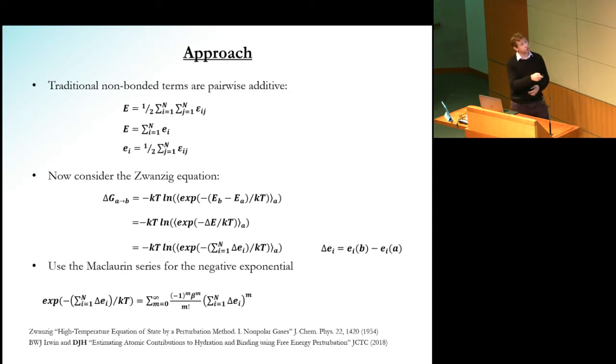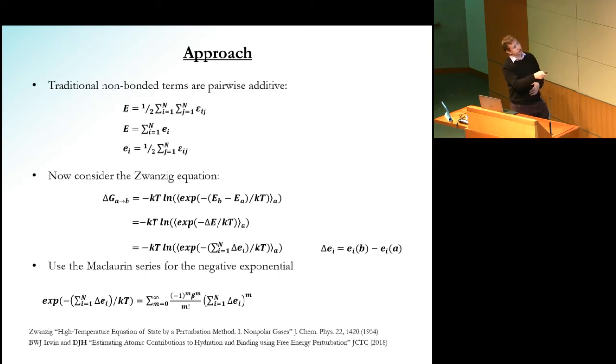So I'm not going to go through the entire derivation, but I'm going to give you a flavor of the approach that we used here. You can write the energy for your system in terms of your non-bonded interactions, typically in terms of this pairwise additive energy function, where you sum over all pairs of atoms.